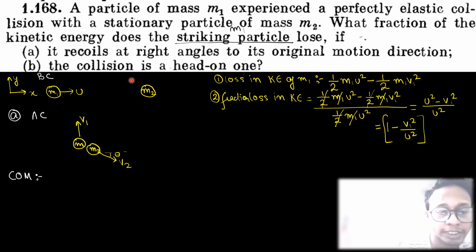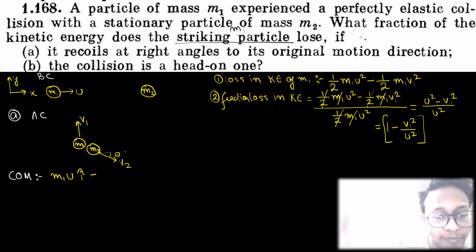So before collision, what is the total momentum of the system? M1 U i cap plus M2 into 0. Is there any j component of velocity? No. So total initial momentum of the system was M1 U i cap.